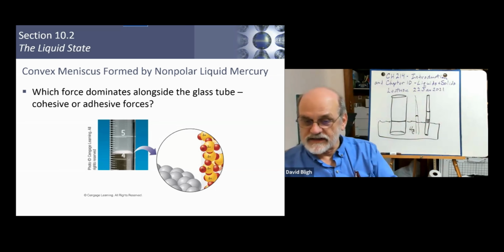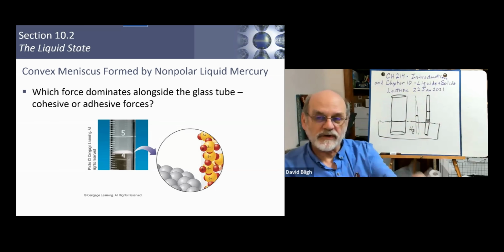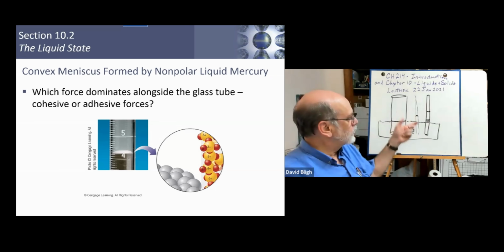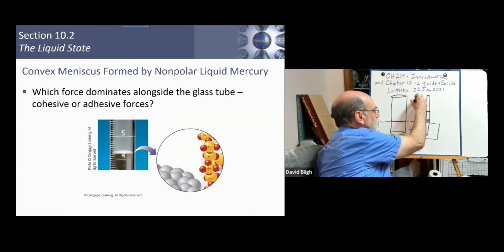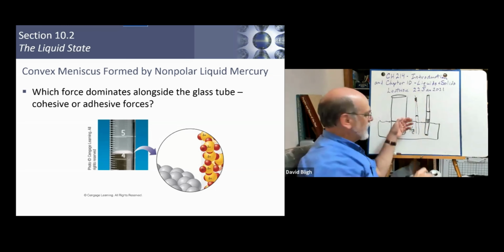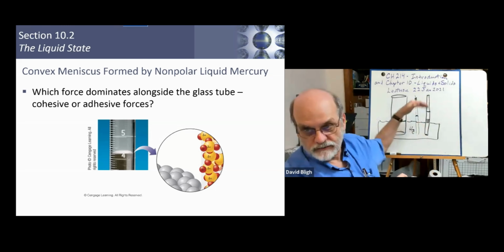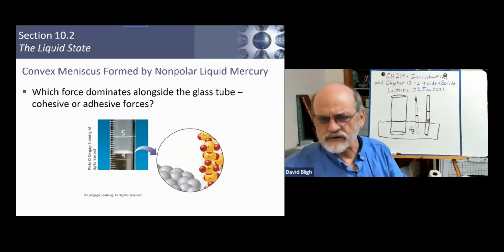And that is an indicator that the cohesive forces between the mercury atoms are much higher than the adhesive forces between the mercury and the walls of the container. And really the only thing holding it up there is, if you have a vacuum up here, the air pressure. That's how a barometer works.